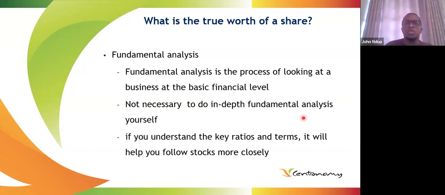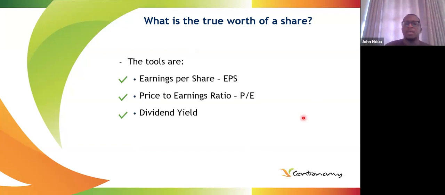In this section, we're going to look at three key ratios that define a company's fundamental worth from a basic analysis. These key ratios include earnings per share, price to earnings ratio, and dividend yield. I'll repeat: earnings per share, price to earnings ratio, and dividend yield.